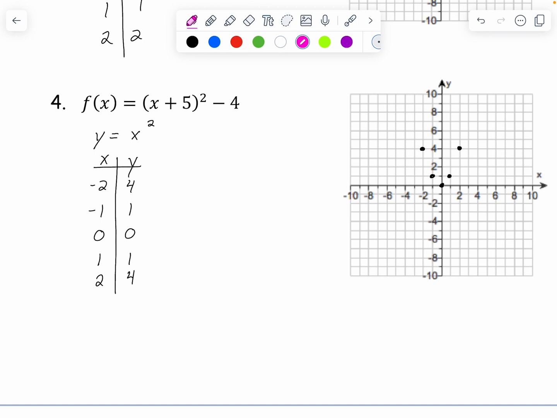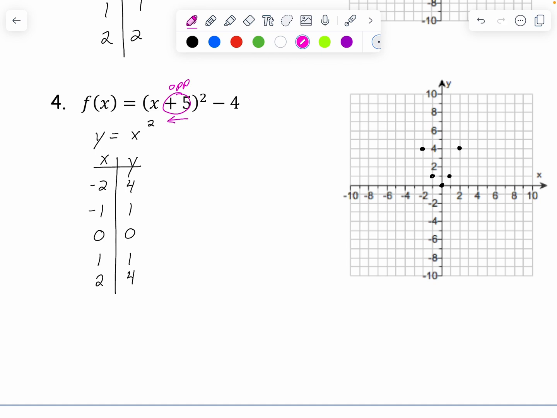Now, if we look at this next one, we have 2 differences. Instead of just having x squared, we have x plus 5 squared. So that means that plus 5 is inside, and inside is going to be opposite, which means that it is really going to the right. Oh, sorry, that's opposite.